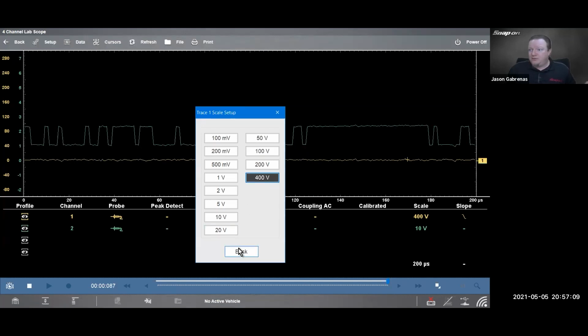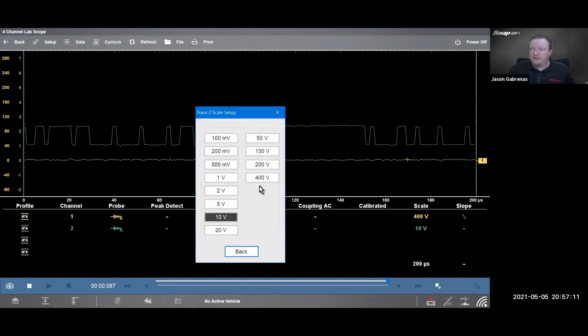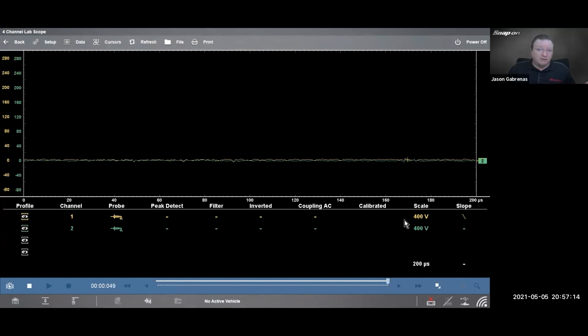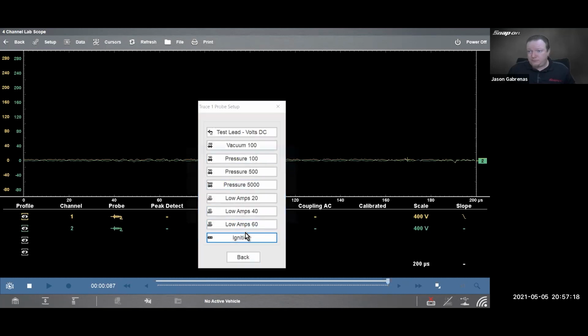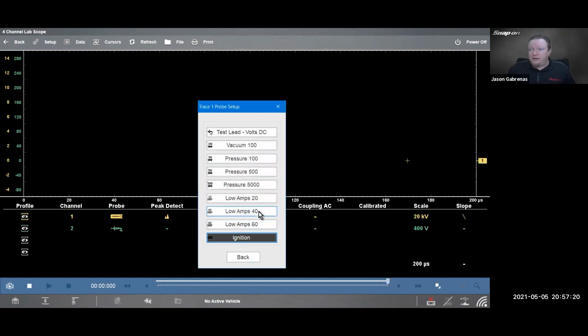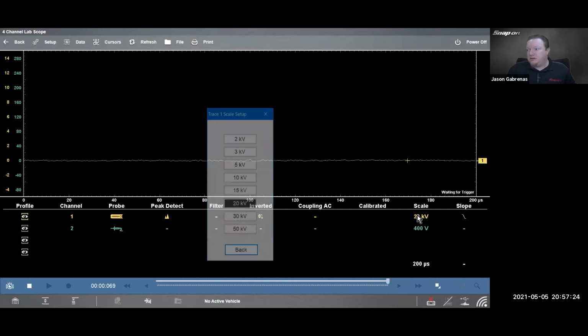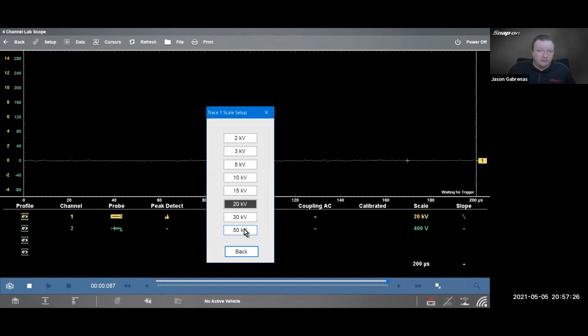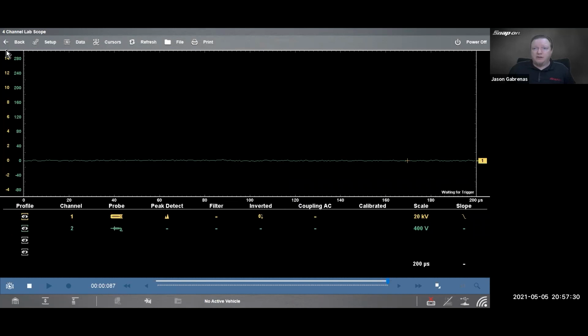That's the max it'll do on voltage. If we go into ignition, we can go up to 50,000 volts without an attenuator, by the way. Don't need an attenuator for that if we're doing ignition. So hope that answered your question.